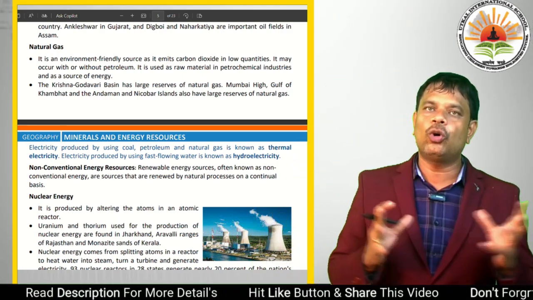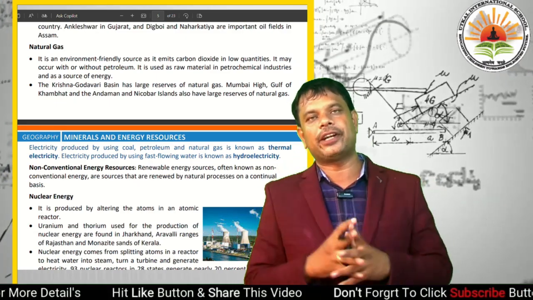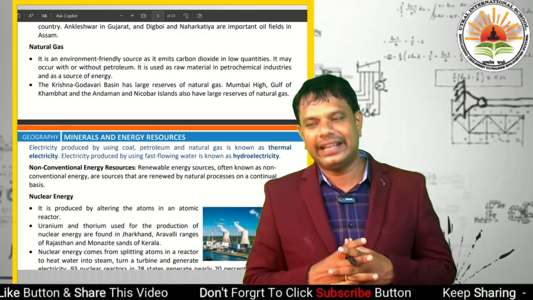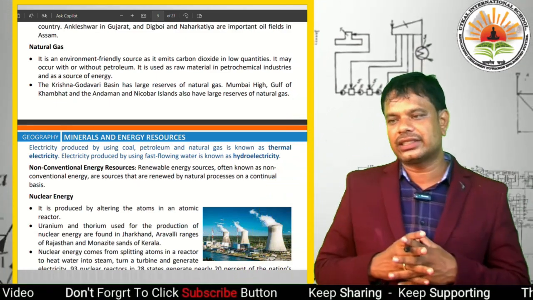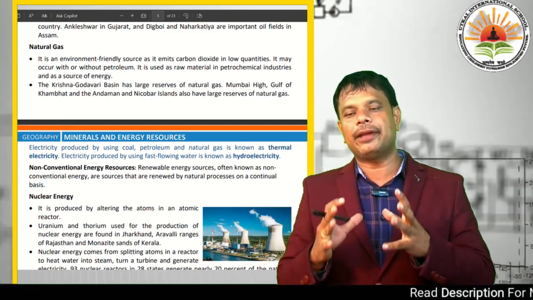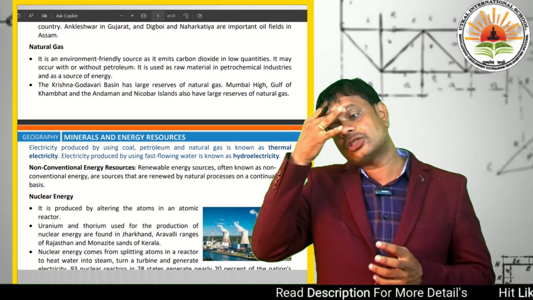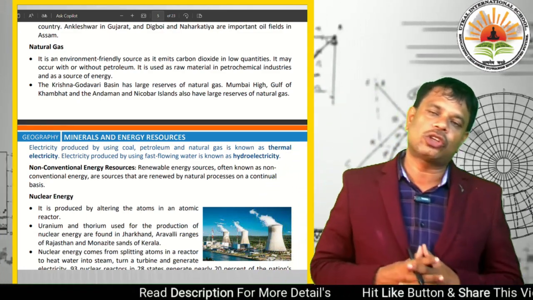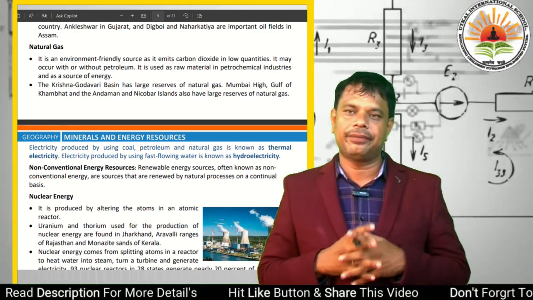It is not necessary that where we find petroleum, we will find natural gas. It is used as raw material in petrochemical industries and as a source of energy. It is also a main source of energy.